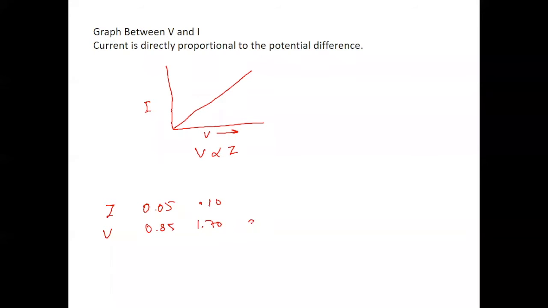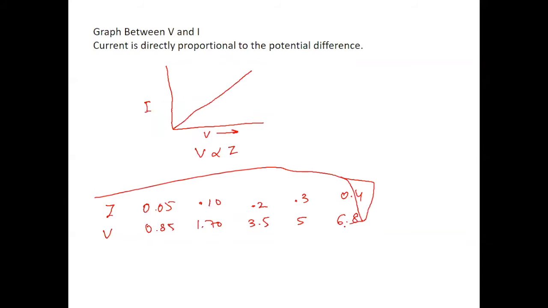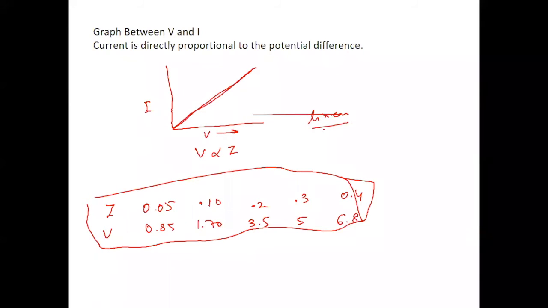Then again we increase the voltage, and the current will be 0.2, and if we increase the voltage again, the current is 0.3 ampere, and again we increase the voltage to 6.8 and the current will be 0.4. And when we draw this, the graph looks like this, and this graph is linear. Okay.